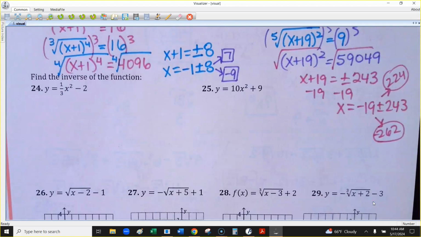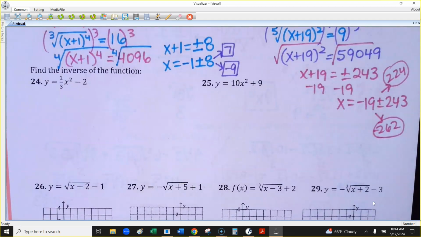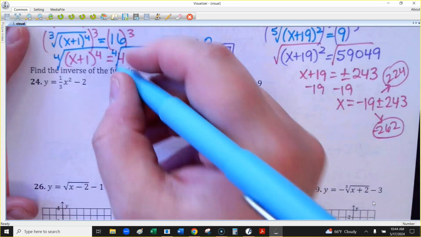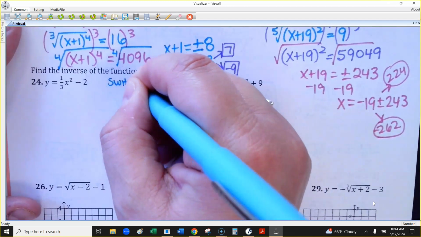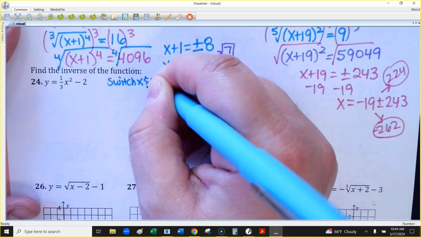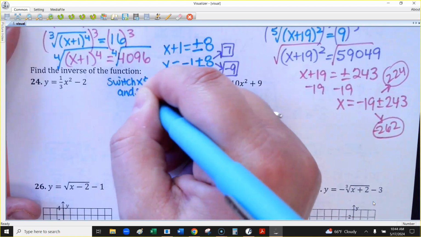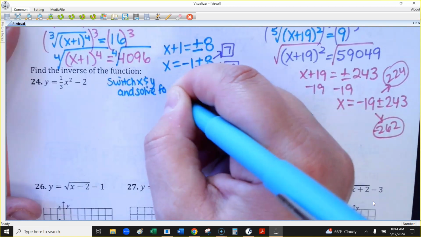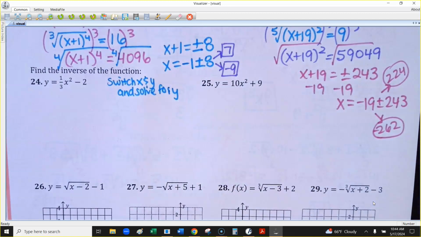All right, this is what we just got done doing with our inverses, like the other day. You're just going to switch x and y and solve for y. So just get y by itself on one side. It's not in function notation or anything like that. It's just y equals. So we're just going to switch x and y real quick.